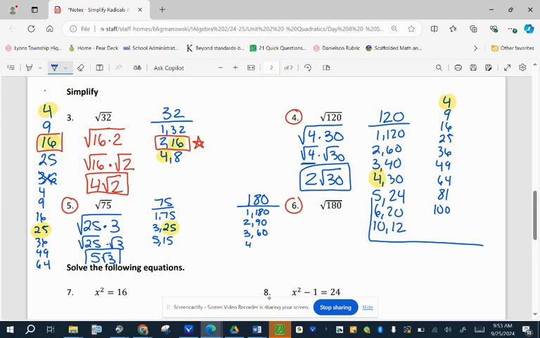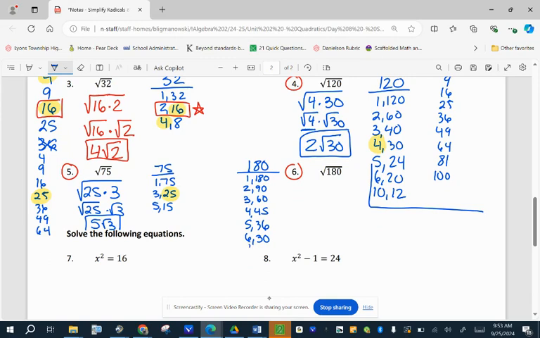It does. 4 and 45, 5 and 36, 6 and 30, 9 and 20, 10 and 18, 12 and 15. Whew, a lot of factors. Okay, I think that's about all of them.